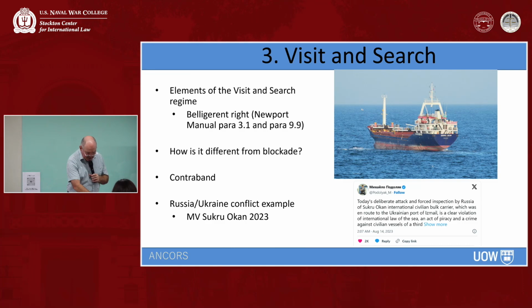All right, the next aspect of what I want to talk about is visit and search. And again, you've got to take your frame of reference beyond the Law of the Sea Convention, beyond Article 110, and understand that what we're talking about here is a belligerent right of visit and search that arises during armed conflict, not your right of visit that exists under the Law of the Sea Convention.